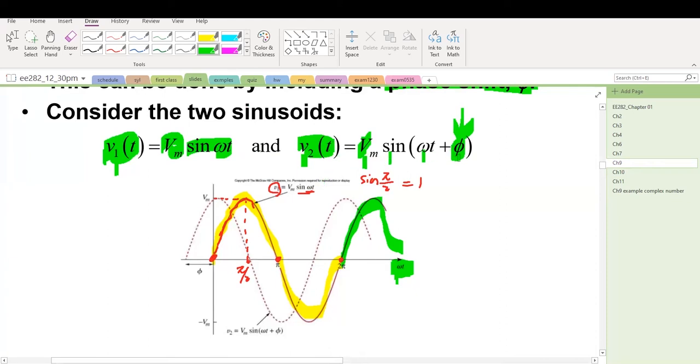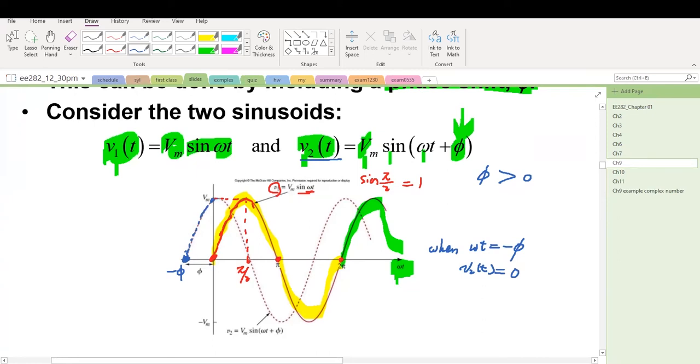Let's look at v2. Suppose φ is greater than 0. In this case, there is a minus φ here. When ωt equals minus φ, v2(t) equals 0, so it starts at minus φ and then follows the sinusoidal waveform shape.